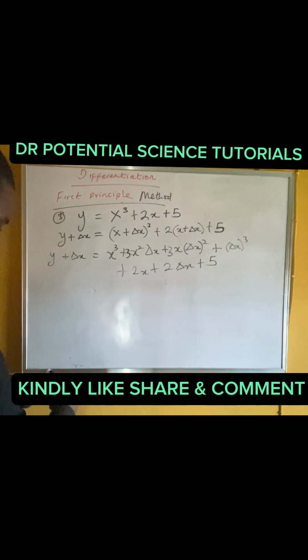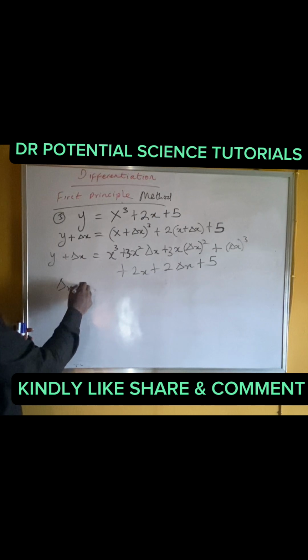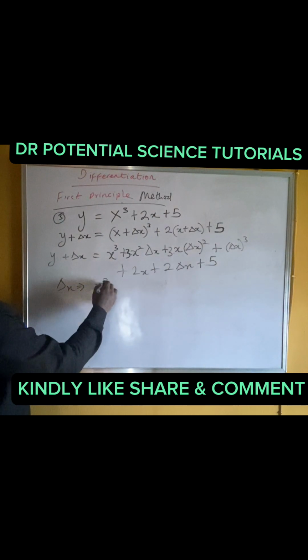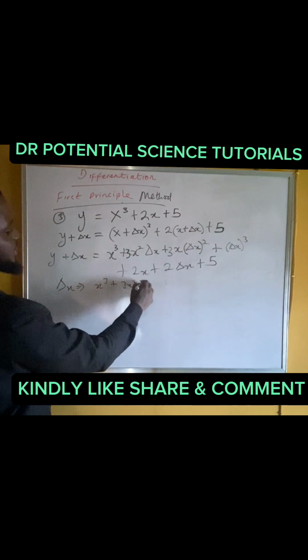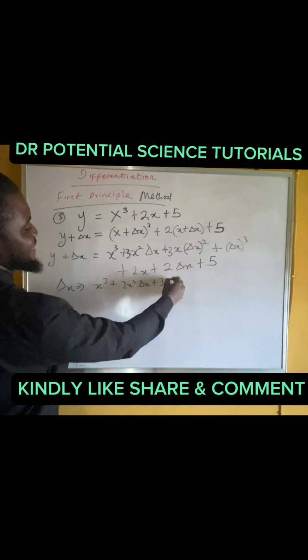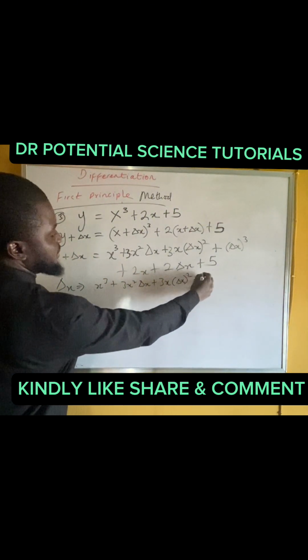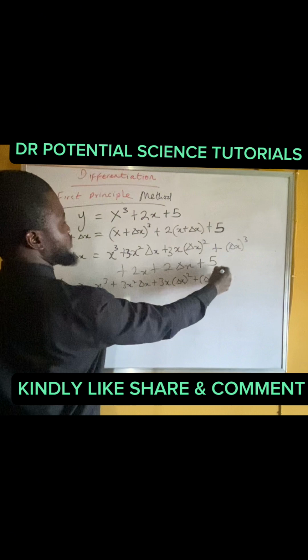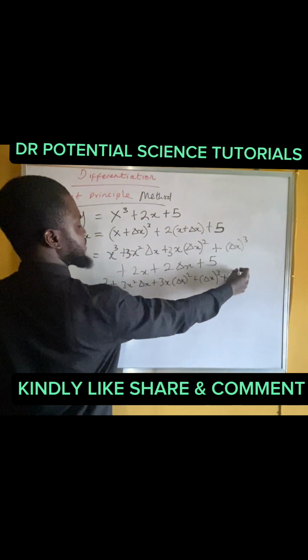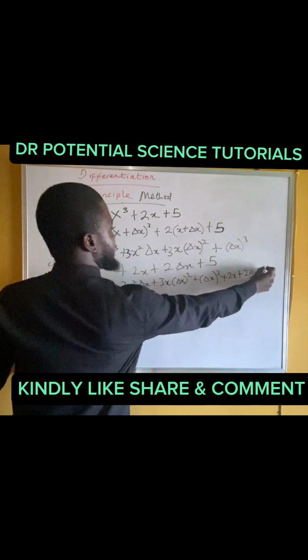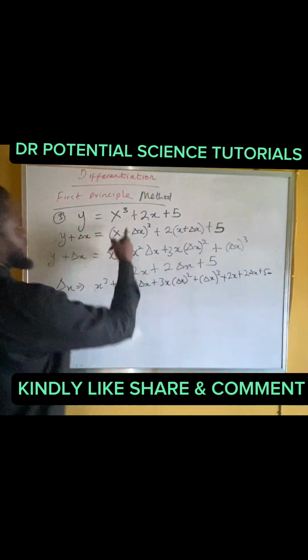So what's the next thing? Make delta y your subject of the formula. So delta y is going to give us the same thing: x cubed plus 3x squared delta x plus 3x delta x squared plus delta x cubed plus 2x plus 2 delta x plus 5, then minus y.